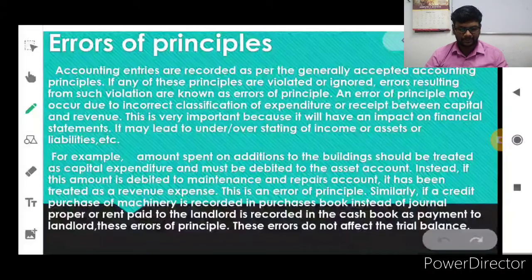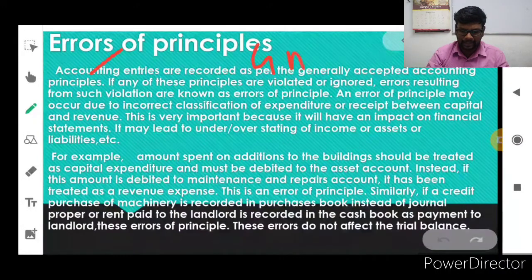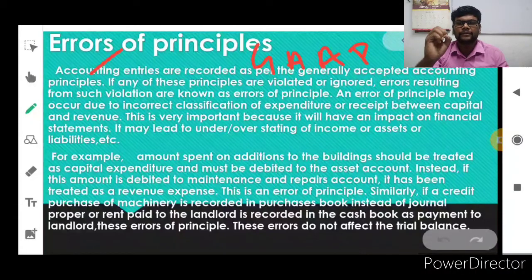Errors of principles. Accounting entries are recorded as per the generally accepted accounting principles. You know, GAAP, generally accepted accounting principles. As per that only, all the accounting will be recorded.